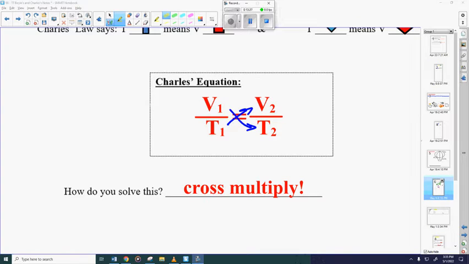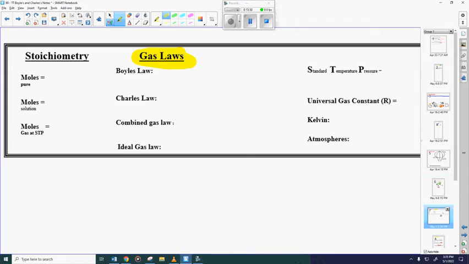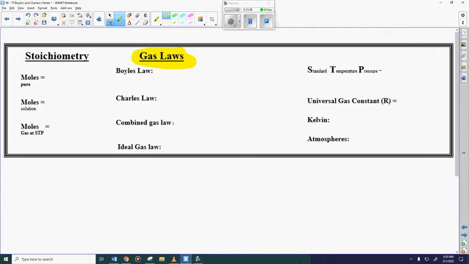Now, before we get any further, I would like to point out that I do have a great spot on the back of your periodic tables to write all these equations. So substitute, if you wouldn't mind pausing the video here for about 60 seconds. Students, what you should do is get out your periodic tables and write Boyle's and Charles' laws on the back of there so that you always have them for any quiz, okay?